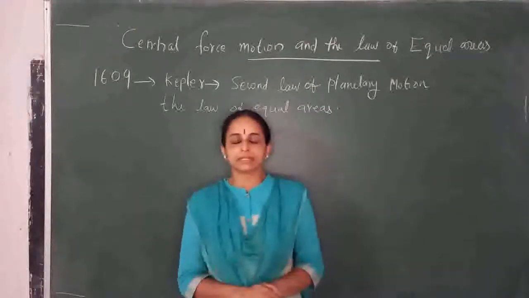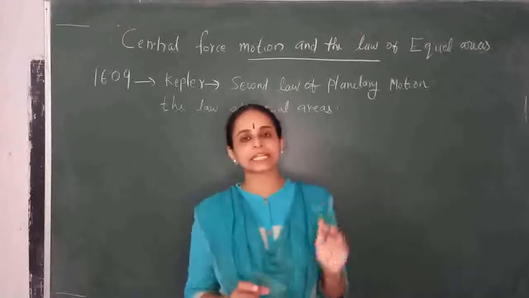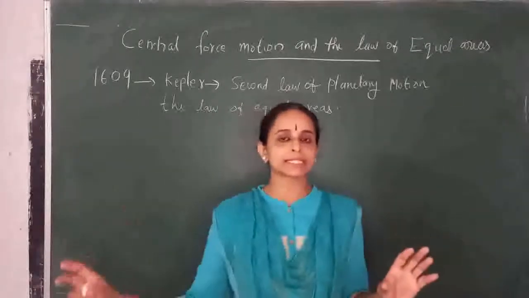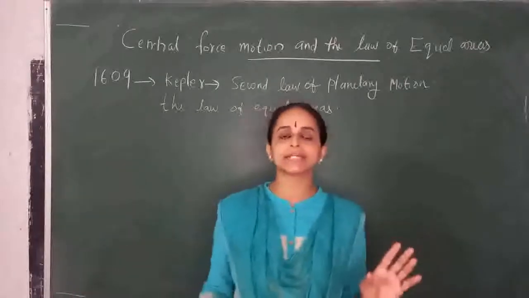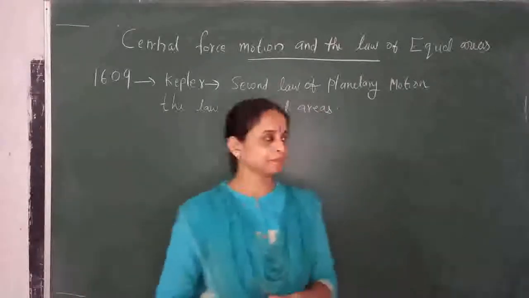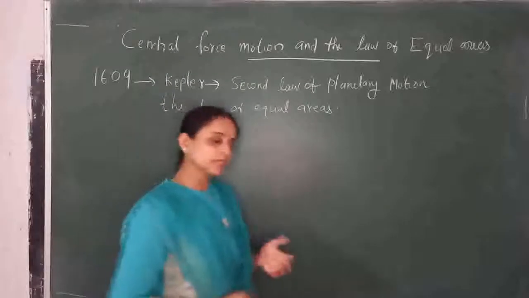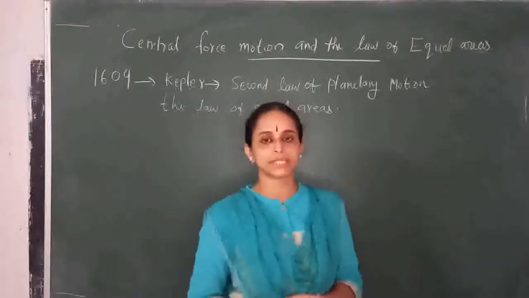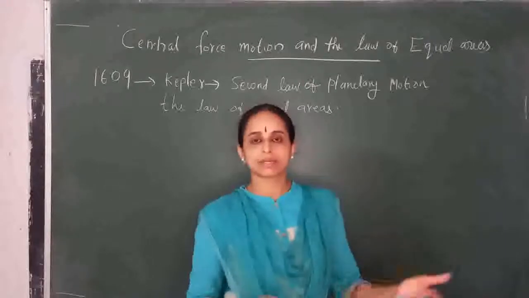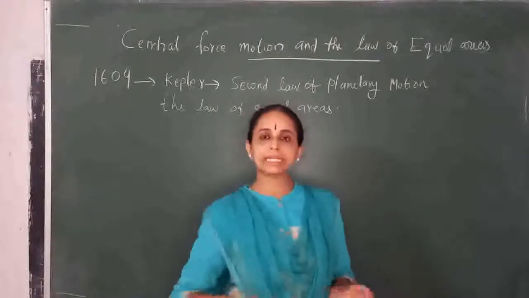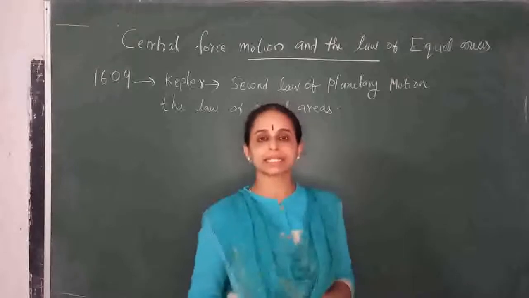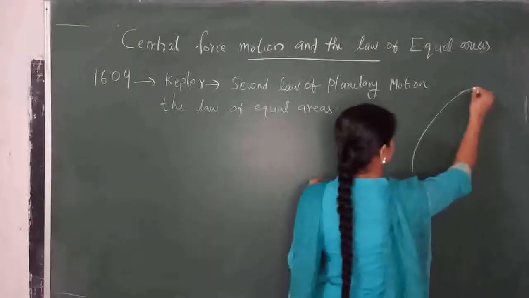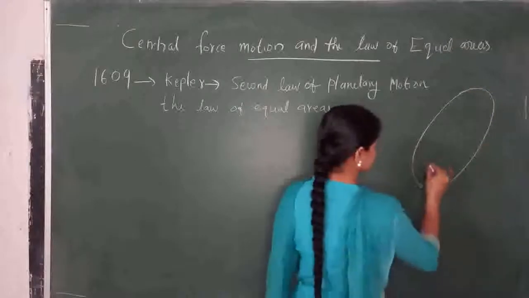That means the area swept by the radius vector from the sun to the planet at any location in a given time is a constant. So that is how the planets move around the sun. The planets are orbiting around the sun in an elliptical orbit with the sun at one of its foci.